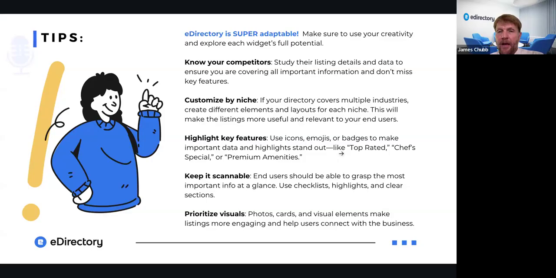And then you can use icons, emojis, and badges. We have a badge feature, which is really great as well, to drop into the listing where you can give top rated, editor's choice, those kind of things. Keep it scannable so people can quickly get the key information without making the listing detail way too busy. And then prioritize visuals. These sites are all about the photos and the videos and the images and all of that. It's really, really important to think about that.